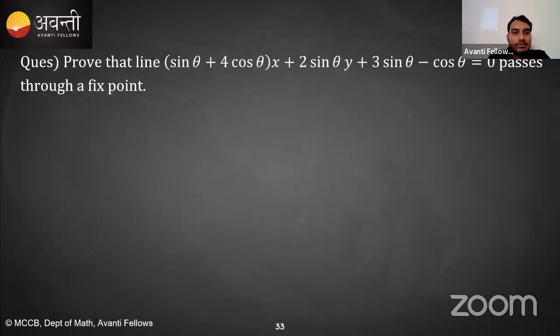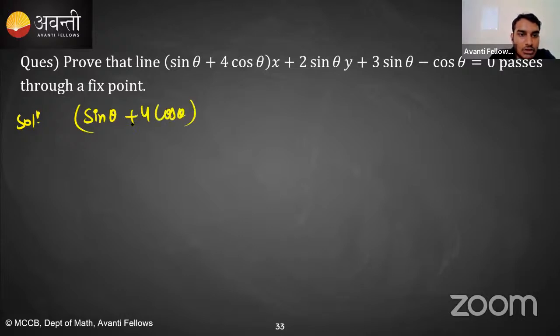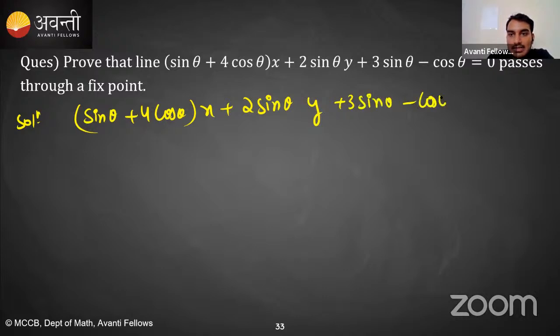So let's say this is the question. The question is saying: prove that this line, which is a linear equation in terms of x and y, is passing through a fixed point. The line is (sin theta plus 4 cos theta) into x plus 2 sin theta into y plus 3 sin theta minus cos theta is equal to 0.